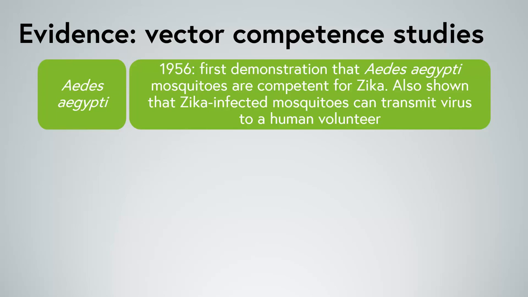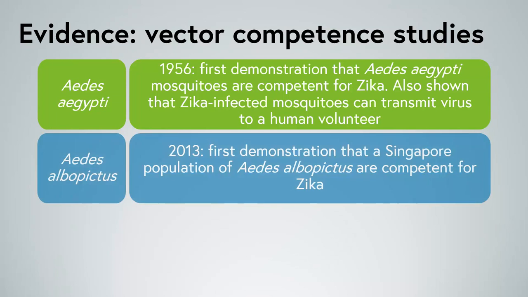Later that year, Aedes aegypti mosquitoes experimentally infected with the virus were shown to infect a human volunteer. He developed a mild fever 82 hours after being infected, and the Zika virus was isolated from his blood during the febrile period. In Singapore, a study was performed to determine whether local Aedes albopictus populations could transmit Zika virus if it was transported to that country, and the species was shown to be a competent vector.